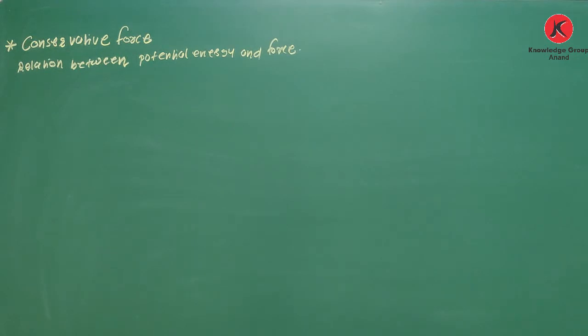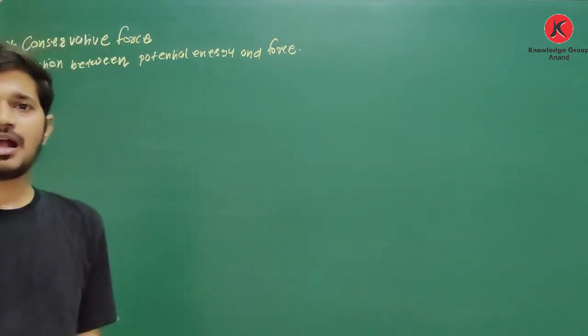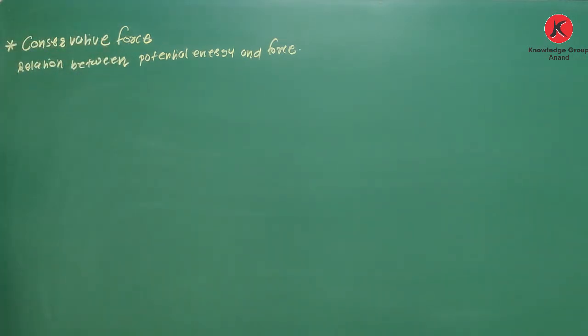Okay, now the next topic is conservative force, the relation between potential energy and force. See, if I say I have a block, and on the block, if force F is applied, it is displaced by a distance delta x, then what is the work done?